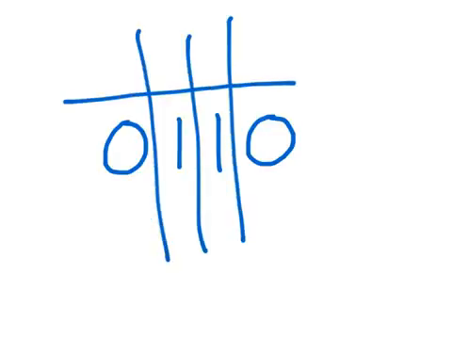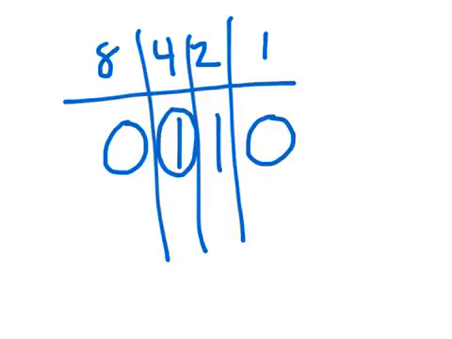All we do is we put it into columns. This is the 1's place, this is the 2's place, this is the 4's place, and this is the 8's place. Well, we have nothing in the 8's place, nothing in the 1's place, so all we have left is the 4's place and the 2's place. So we have a 1 in the 4's place and a 1 in the 2's place. So 4 and 2 is 6. That's why this number is 6.